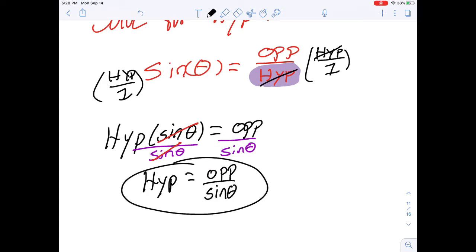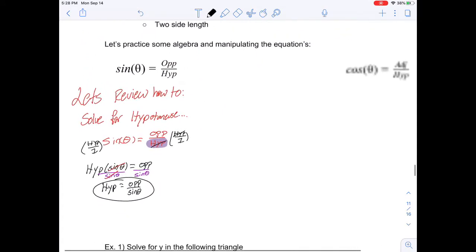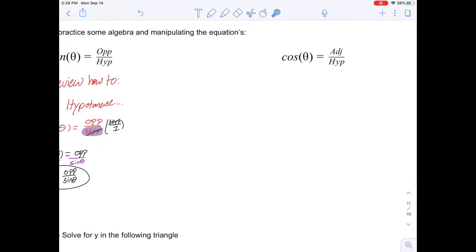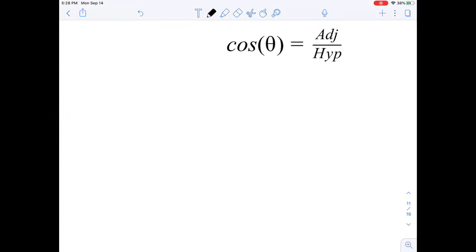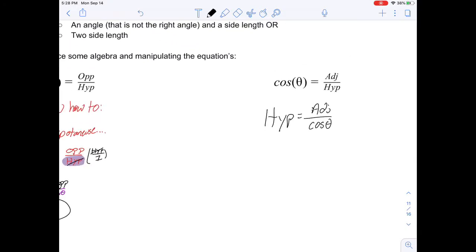So that's a quick little algebraic review. It would be the same thing over on cos angle here. I would probably practice, but if you were to solve for hypotenuse, you should get adjacent dividing cos angle. And then you can go from there.